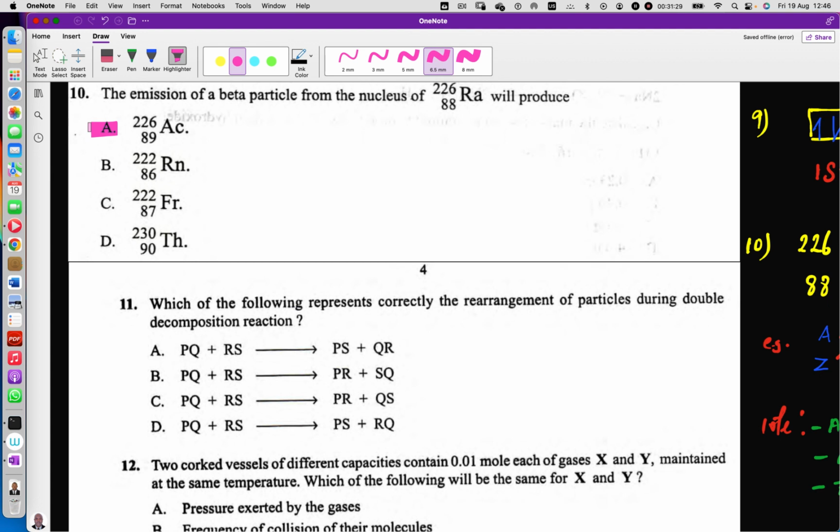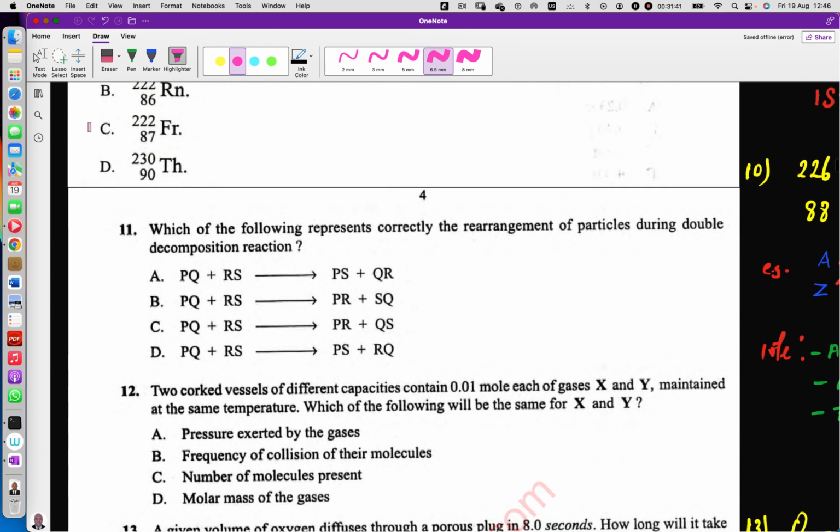Okay, we now go to question number 11. It has to do with some other concepts. Question number 11 is, which of the following represents correctly the arrangement of particles during a double decomposition reaction?